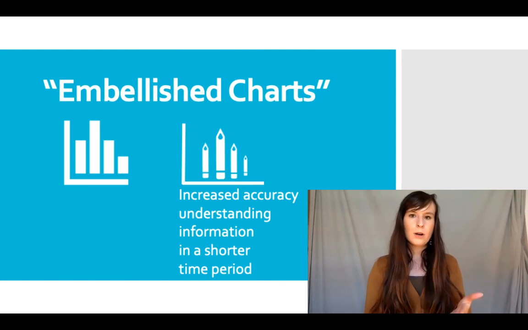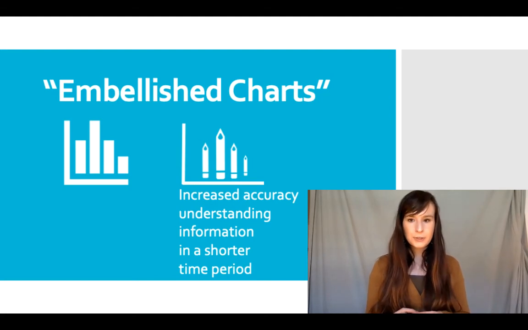So people in a research study were given the option to look at this plain bar chart that we see on the left and then the embellished chart on the right. And then they were interviewed afterwards, and some different data collection was done during the study.